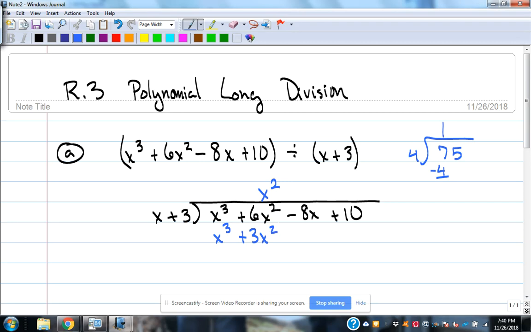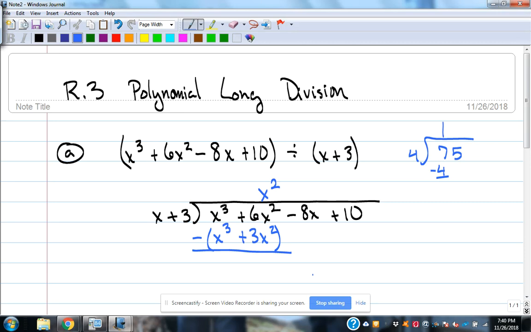This part that's written in blue came from distributive property. Whatever we put up here times that divisor, what I'm dividing by. Then I need to put parentheses around this and subtract.